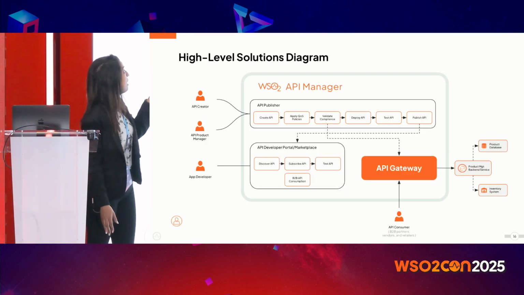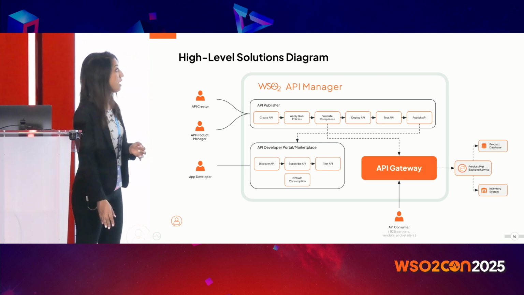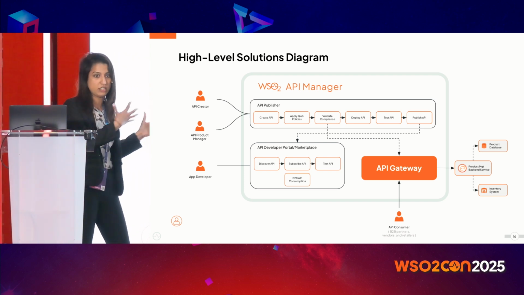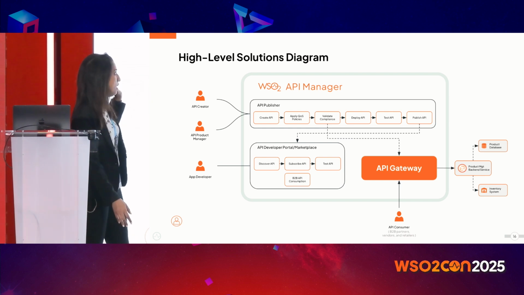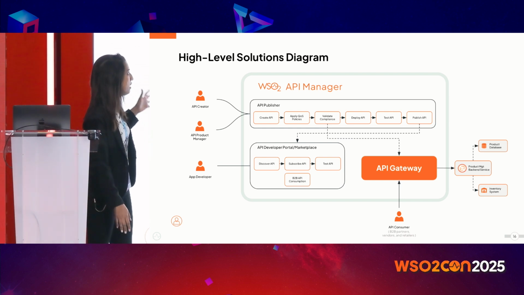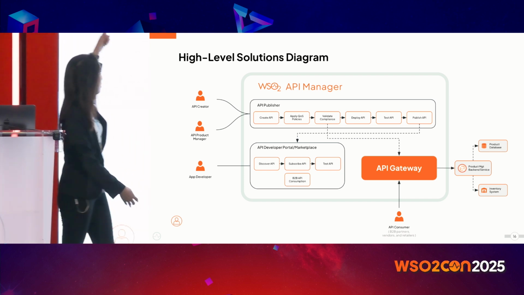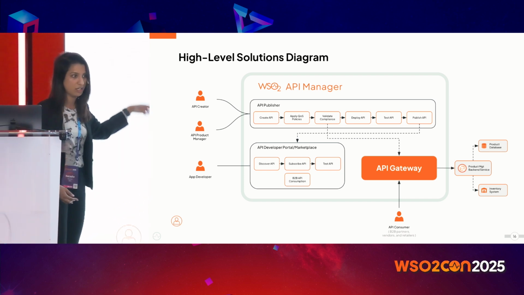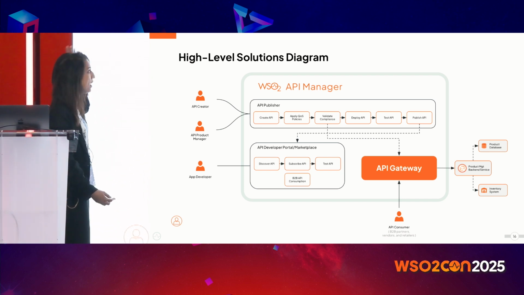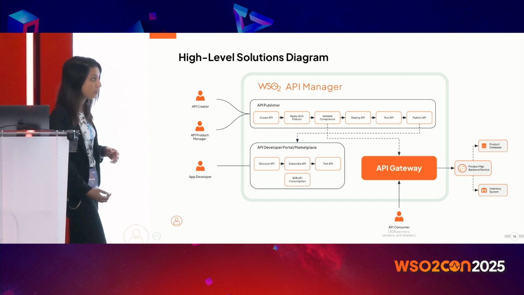So this is a high-level solution diagram that we came up with, which shows the different parts that we would cover. We have the different user personas here that we just spoke about: the API creator, the product manager, and the app developer.